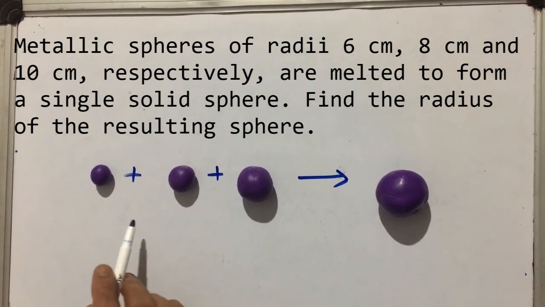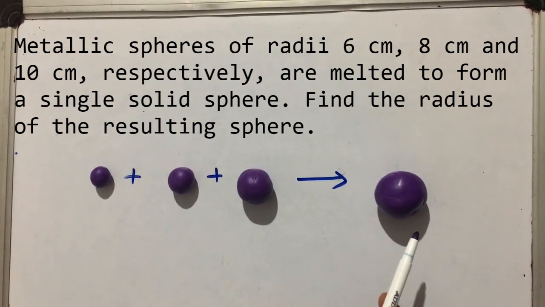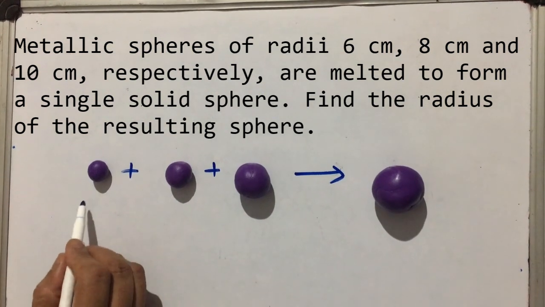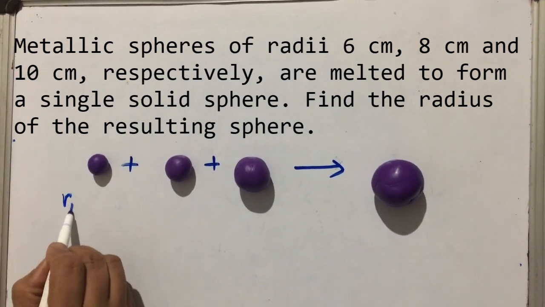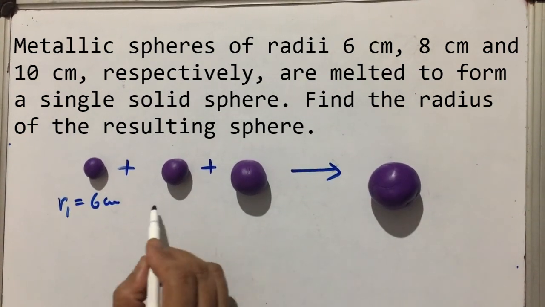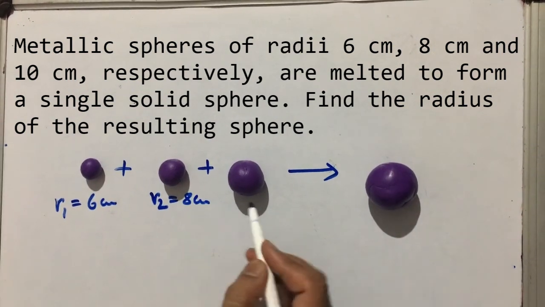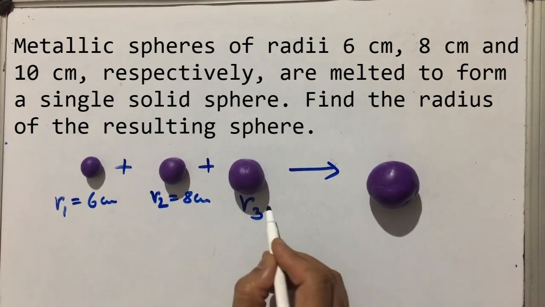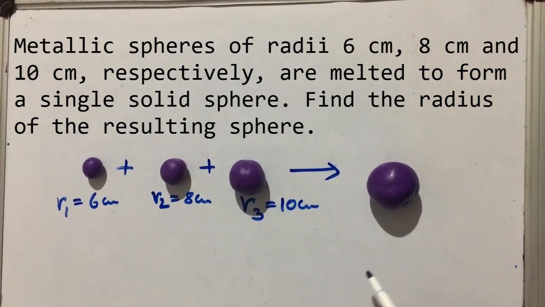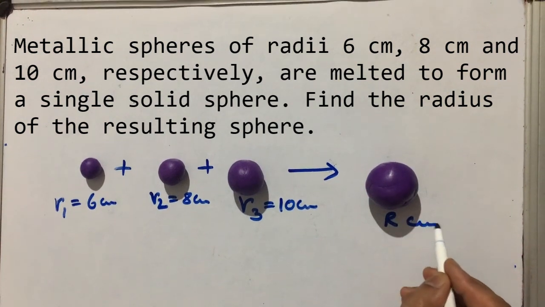So when we add all the 3 volumes of these spheres, we are going to get volume of the big sphere. Here the radius of this one I am taking as R1, 6 centimeters. For this R2 I have taken 8 centimeters. For this one I am taking R3, that is 10 centimeters. So I am assuming that the radius of this sphere is capital R centimeters.